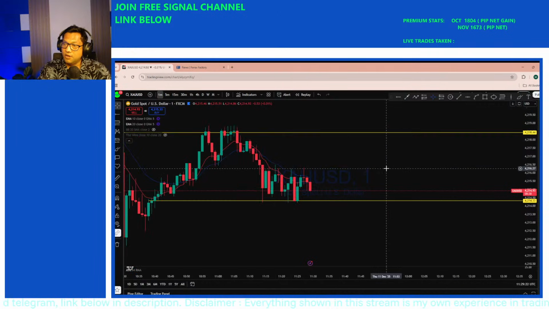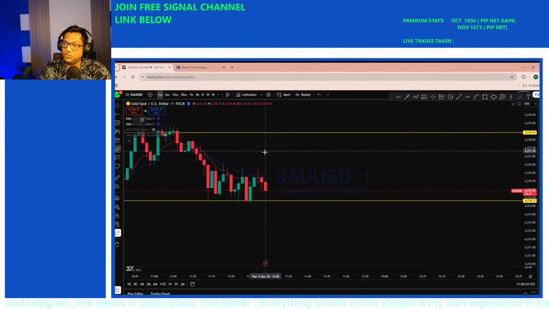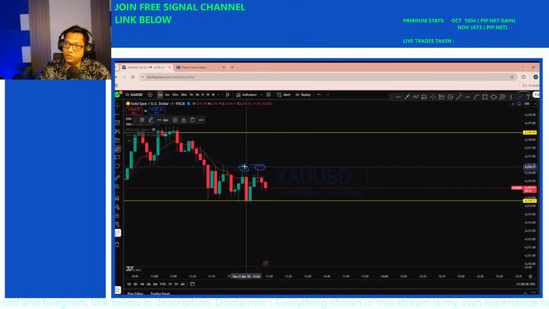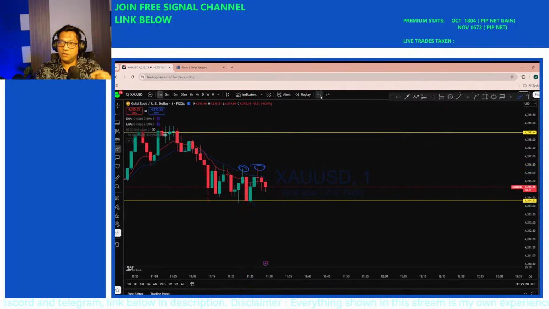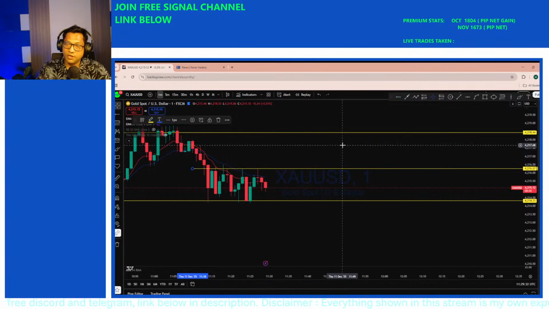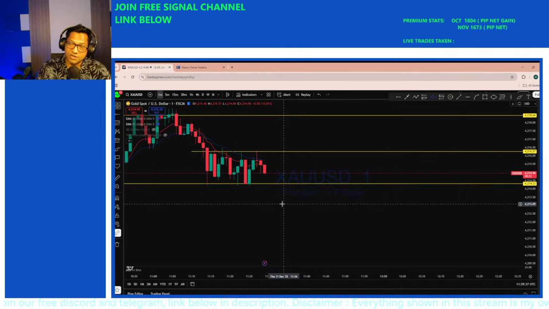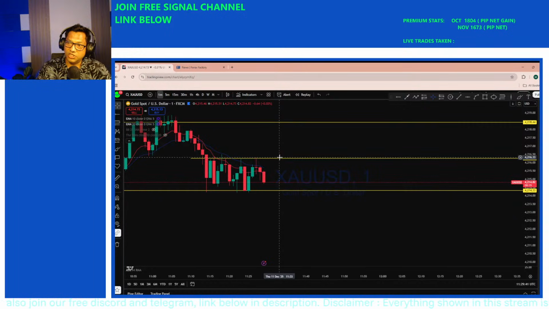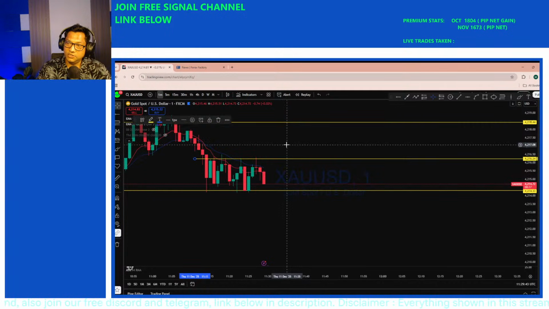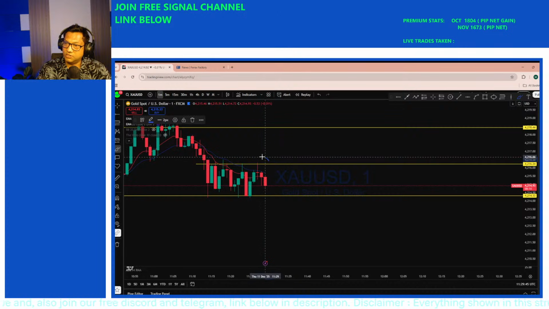Here's the support, and we see that there is a liquidity sweep here. Whenever the market is breaking that resistance line here, and we see a rejection coming in that market, with that rejection, this is a resistance line that you can see in the market.